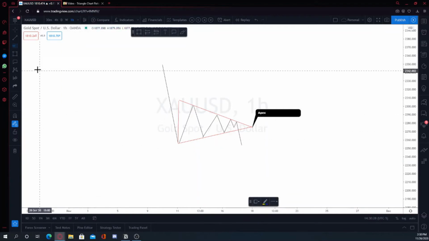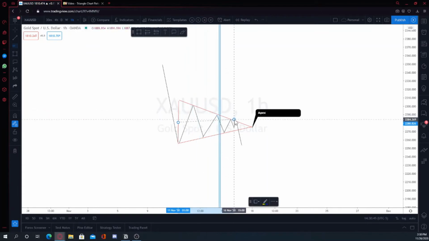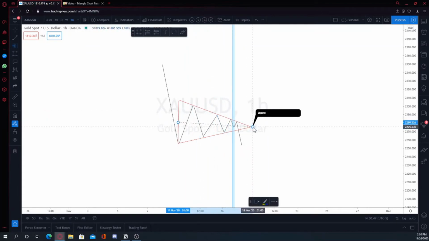To figure this out, go to the fib time zone, click on the base of the triangle, and then click again at the apex of the triangle.